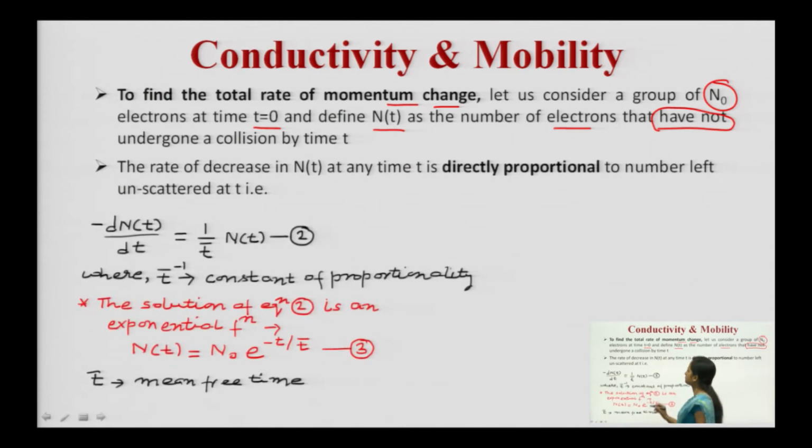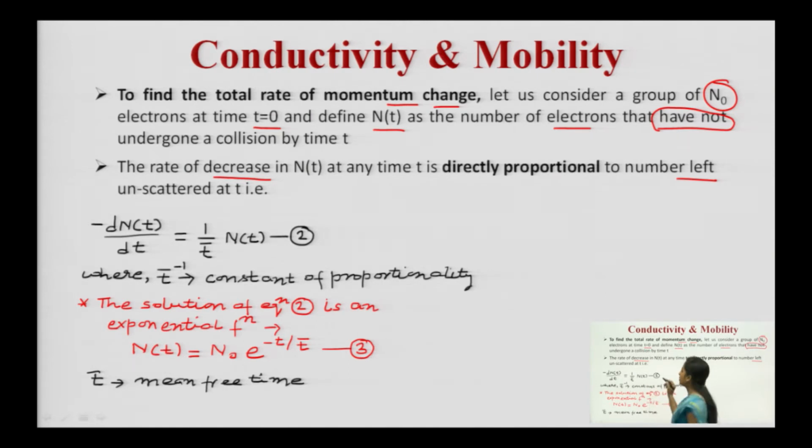It means the rate of decrease in N of t, since there is a decrease, when you are writing the mathematical equation, you have to apply a negative sign. At any time t it is directly proportional to the number of electrons left unscattered.